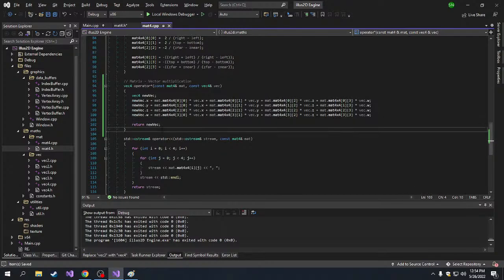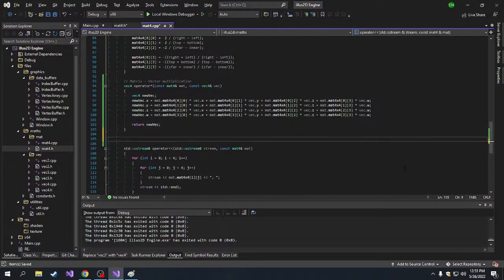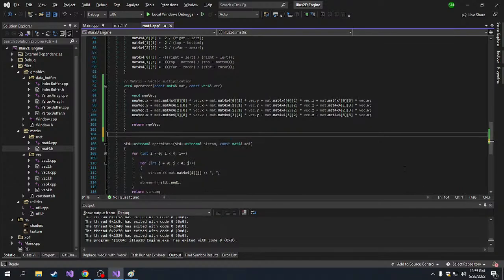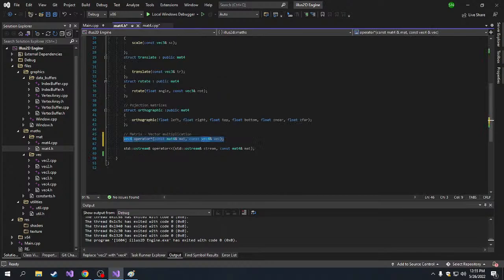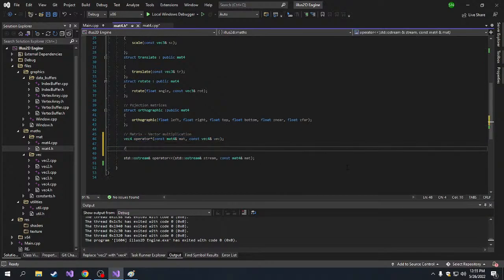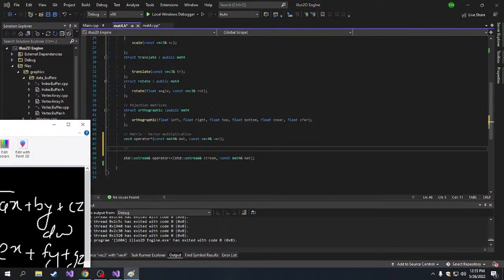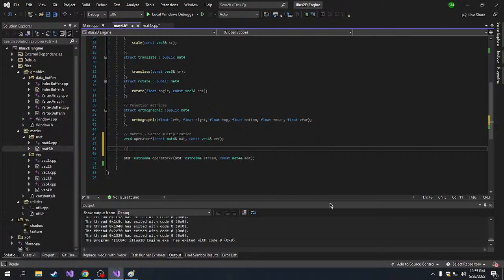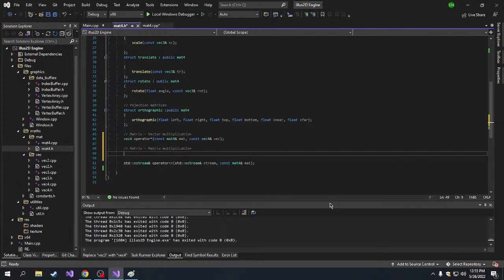Now we have another one, which is vec4, the last one. So we have matrix multiplication, which is gonna be a real headache, but I will do it nonetheless, because it's gonna be the awesome maths library that's around. So we'll do it here. So matrix multiplication.